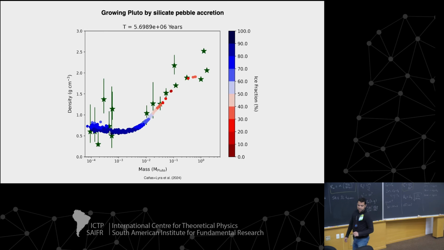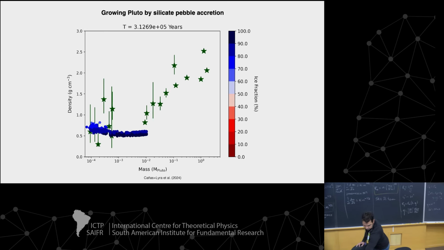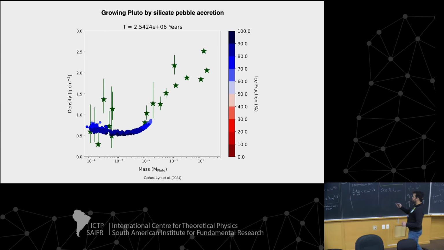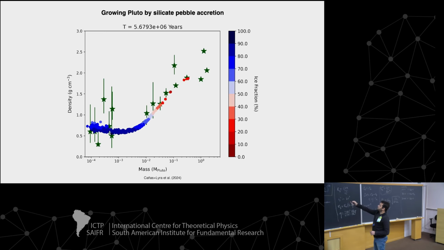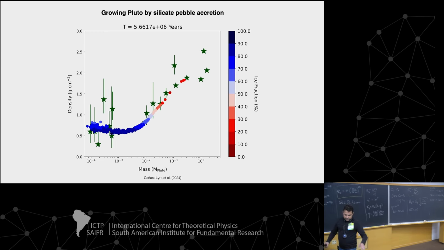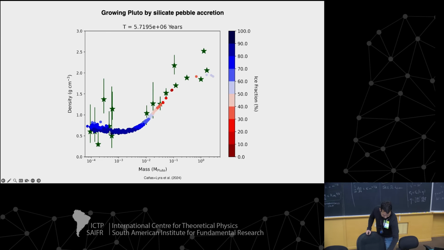Yes. You start icy, right? And then as you accrete, the ice fraction decreases, and then here the ice fraction starts to increase again. Yeah, so I glossed over that a bit, my fault.